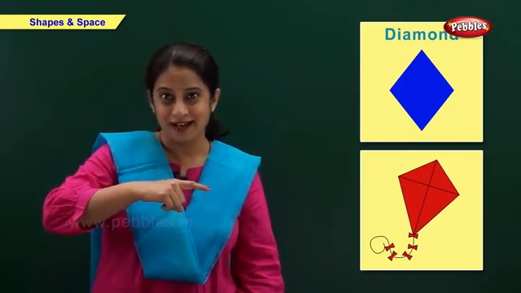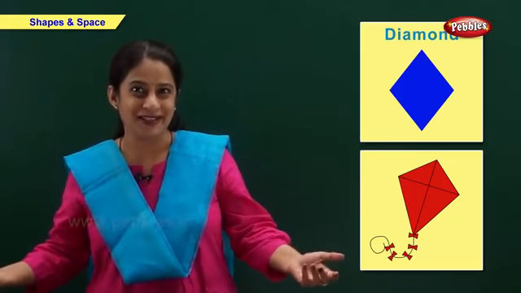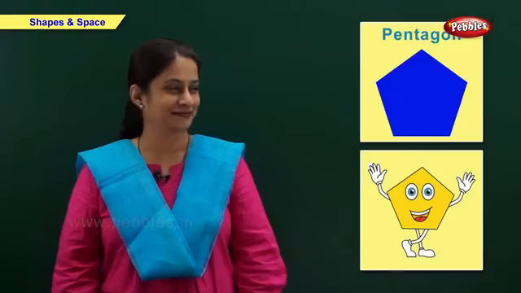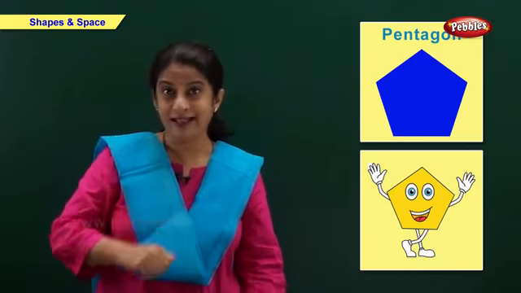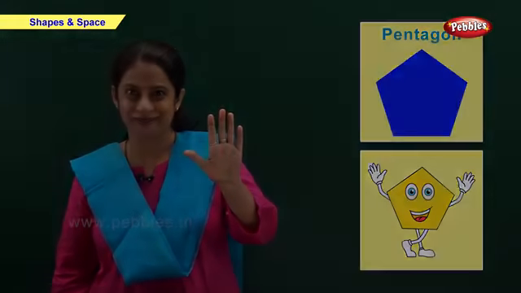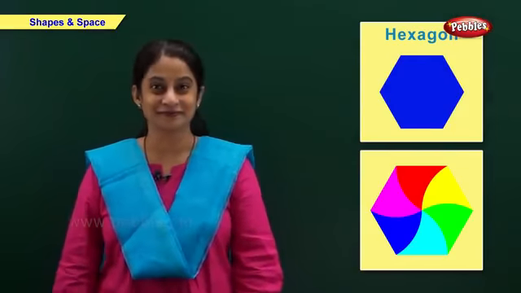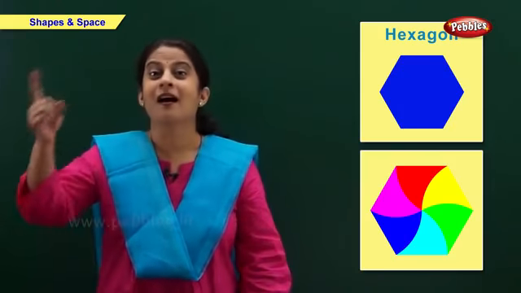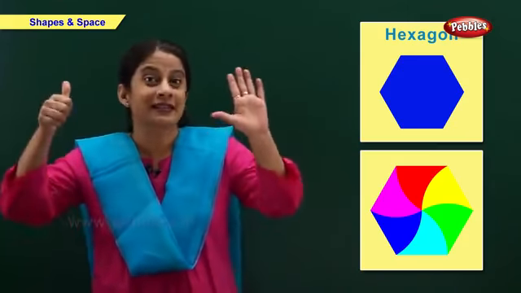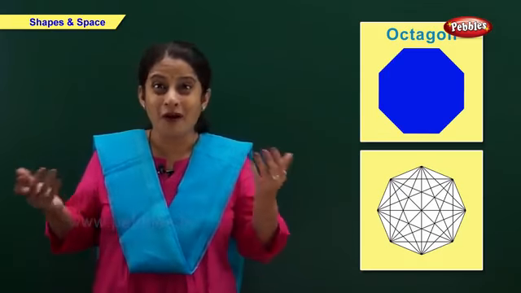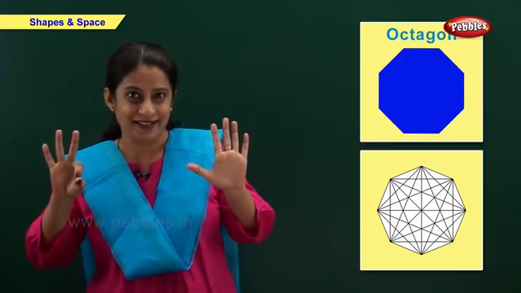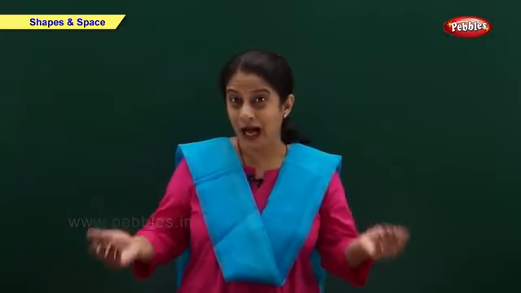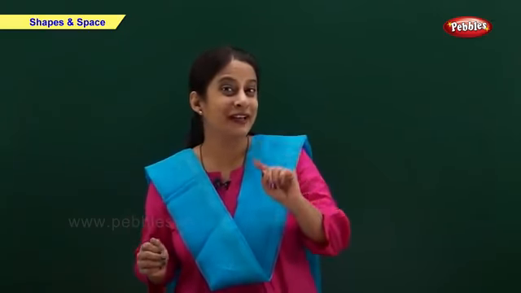The shape of this kite is like a diamond. Pentagon. A pentagon has 5 sides. Hexagon. A hexagon has 6 sides. Octagon. An octagon has 8 sides. Now I'm going to show you some 3D shapes.